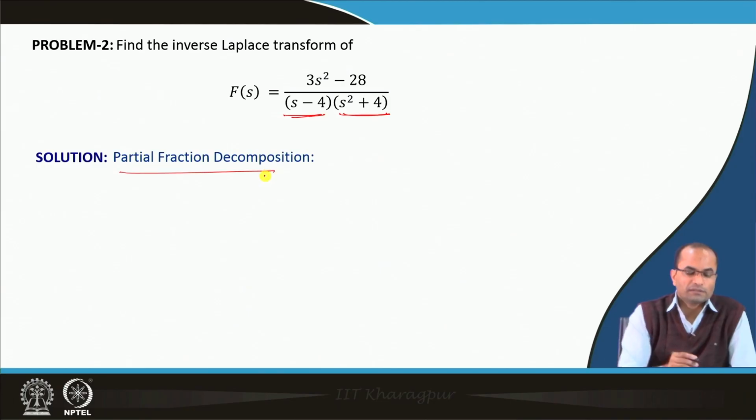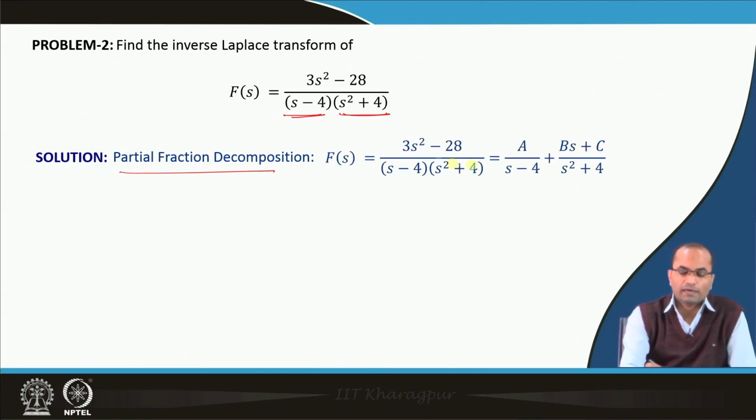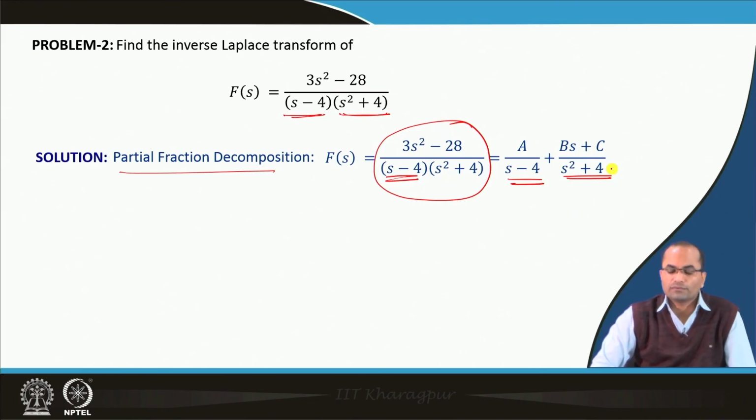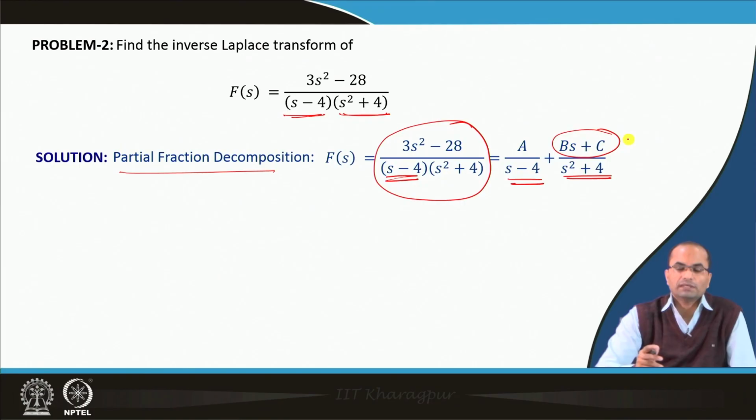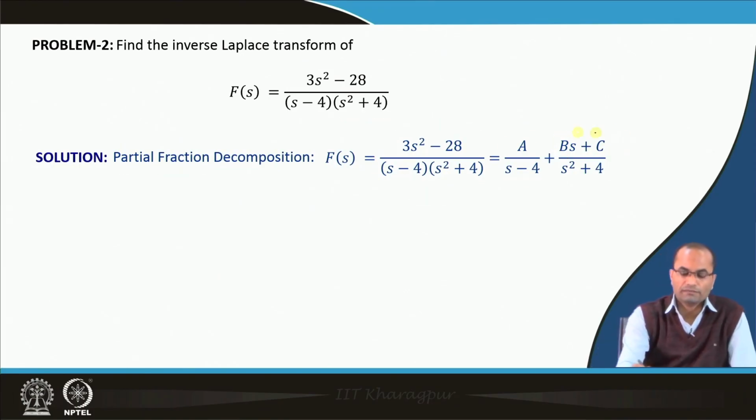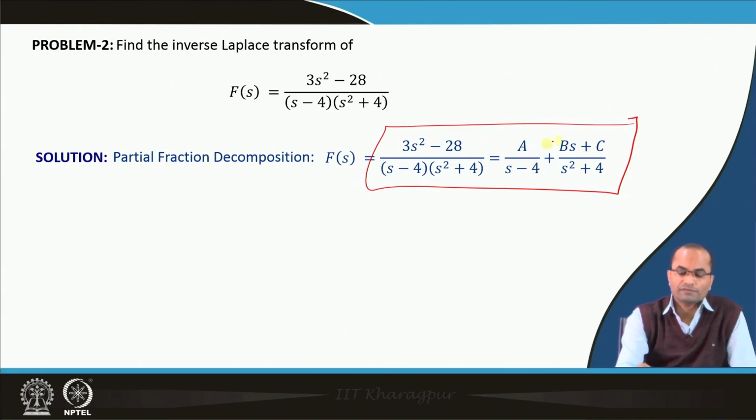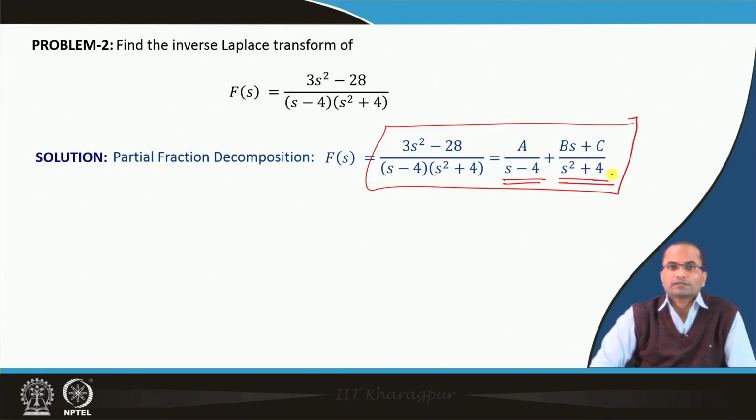So using partial fraction decomposition, this can be written as A over s − 4, and here we have the quadratic term s² + 4, so there will be a linear term there, Bs + C. A, B, C are constants which have to be evaluated so that this relation holds. Once we are done with calculating A, B and C, we can apply the inverse Laplace on both sides and get the desired result.